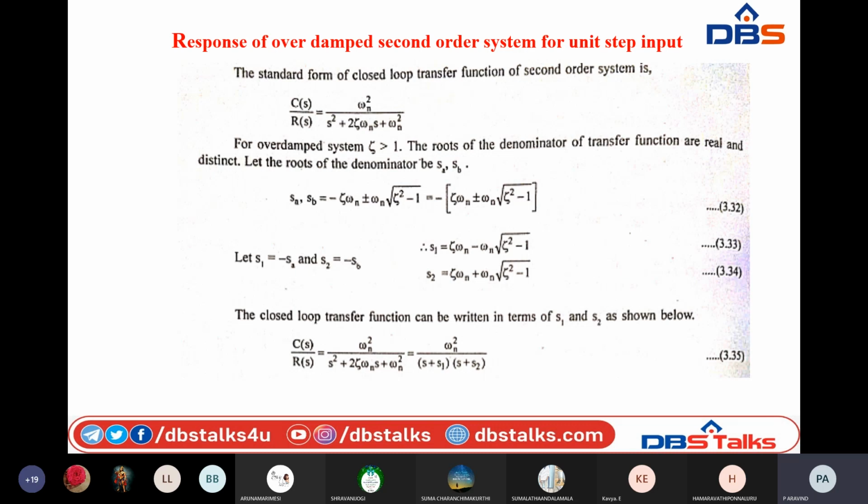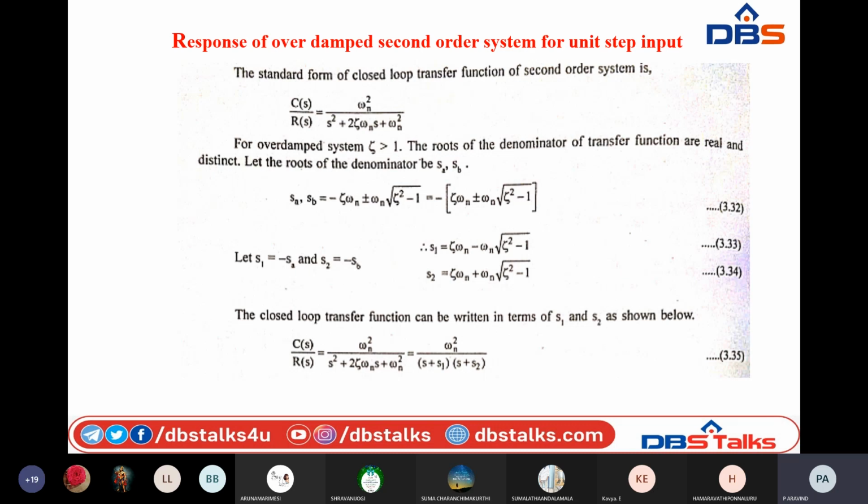And finally, the value of C equals the product of C(s) and (s + s2), letting s equal to minus s2. Substitute the letting values in the corresponding A, B and C in order to get the A, B and C values.